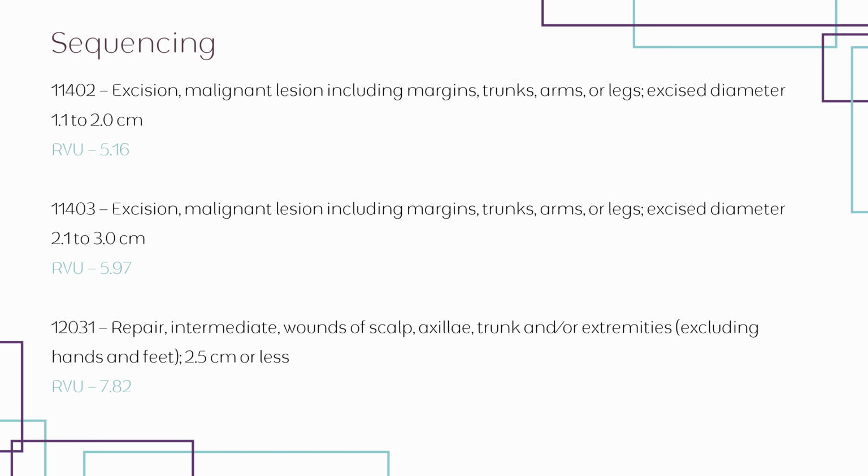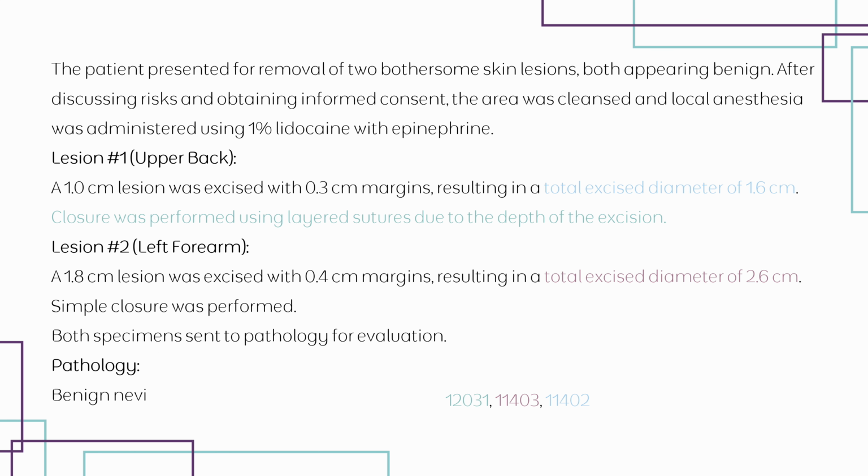CPT code 11402 has an RVU of 5.16. 11403 has an RVU of 5.97, and 12031 has an RVU of 7.82. Therefore, CPT 12031 should be sequenced first, followed by 11403, followed by 11402. So this would be the correct sequencing.